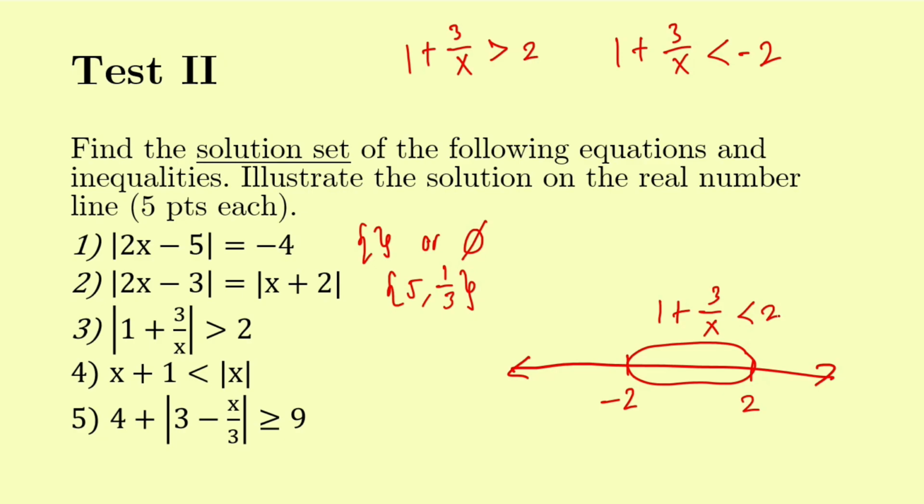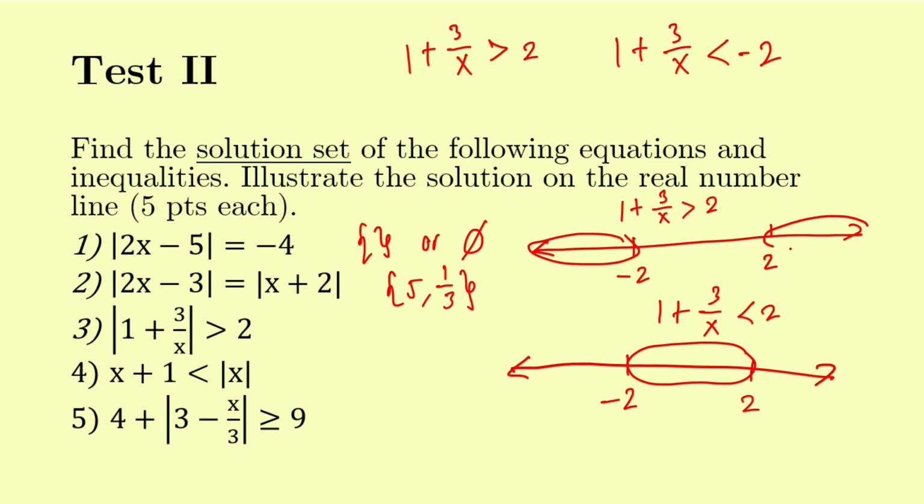Pero in this case, since 1 plus 3 over x is greater than 2, ang result dyan is ganito: negative 2, positive 2, nandito at nandito. So, labas nga siya. Ganoon yung ating representation ng absolute value sa inequality.